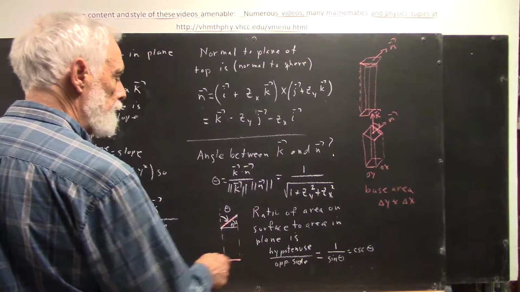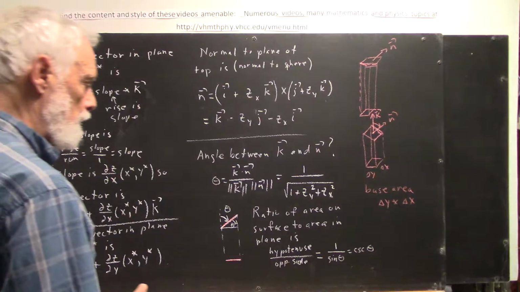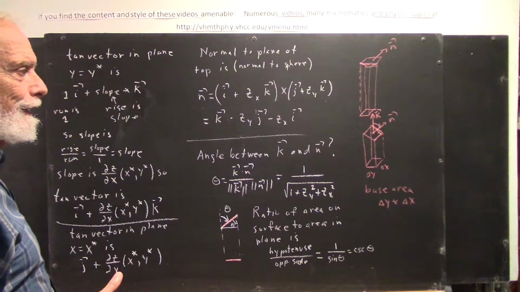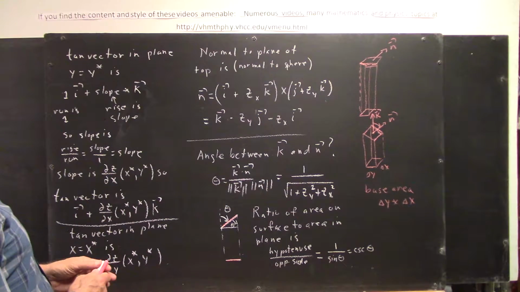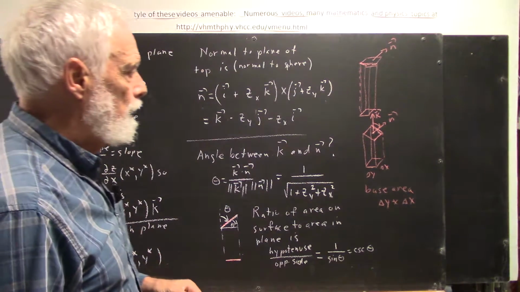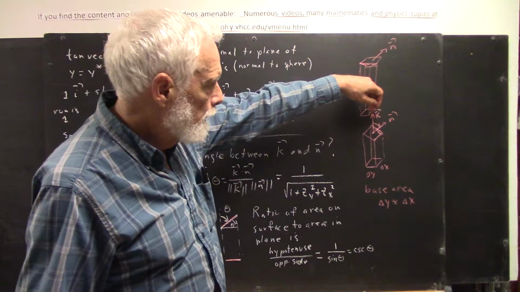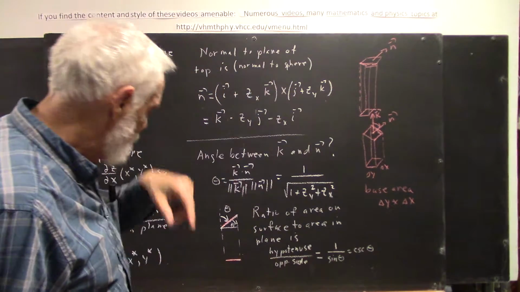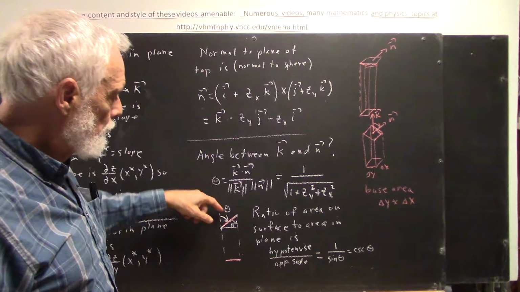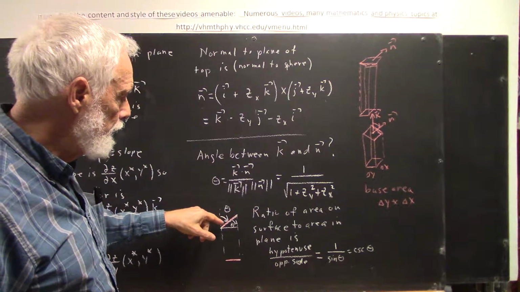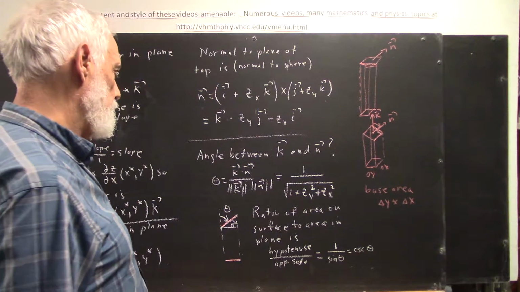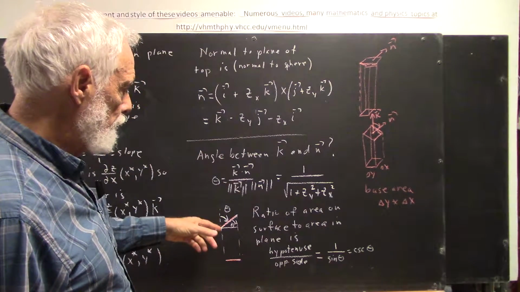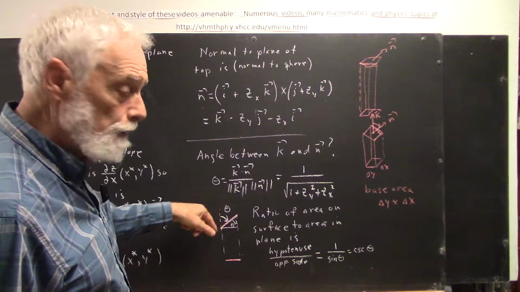This is our surface viewed from a point in the plane perpendicular to the k and n vectors, okay? And we're going to have some angle between the vertical and our plane.